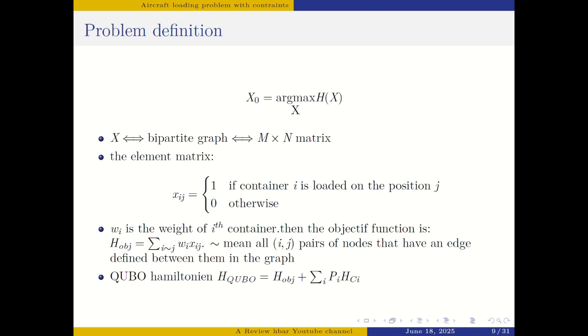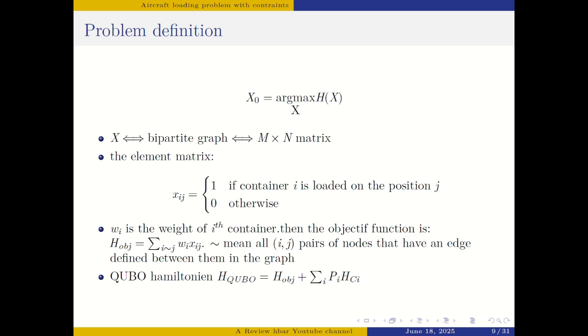If we denote x_ij as the matrix element that equals 1 when container i is loaded at position j, and w_i as the weight of container i, then the objective function H corresponds to the total weight of all the containers loaded onto the aircraft.